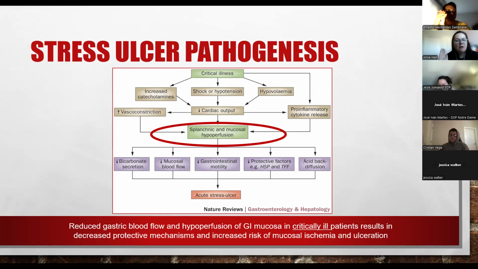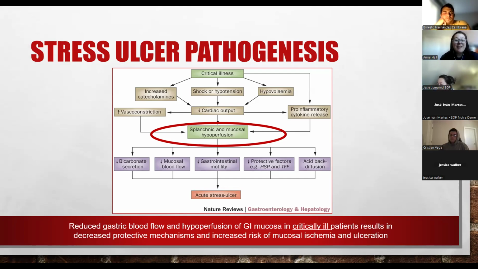And so if we're not getting as much blood flow to the gut area, we're going to get a breakdown of the gastric mucosal defense mechanism. So we're going to get a breakdown of the prostaglandin synthesis, the bicarbonate production, and decrease in cell turnover.